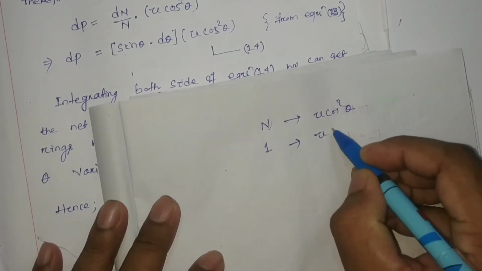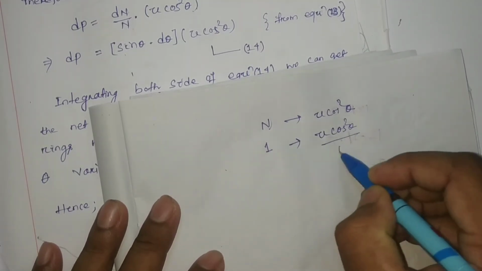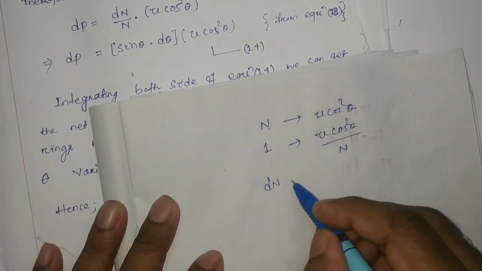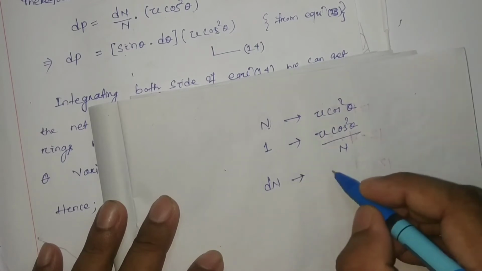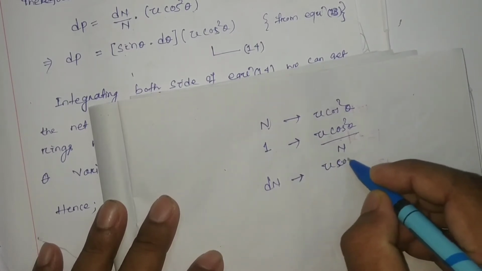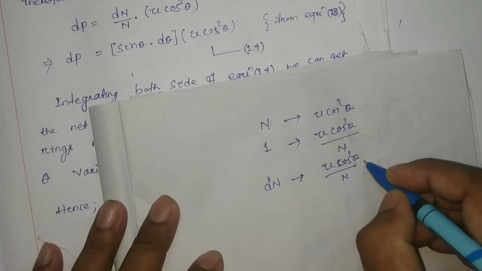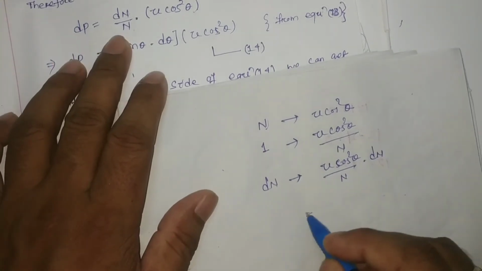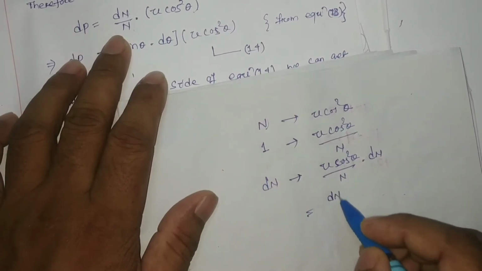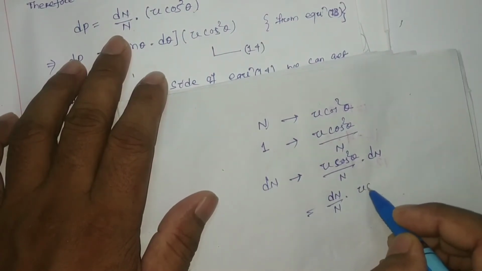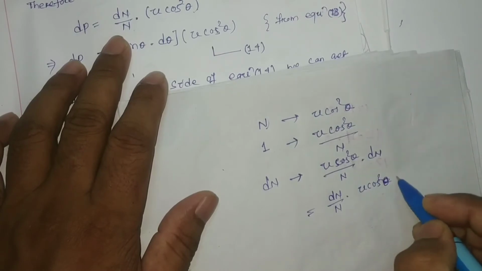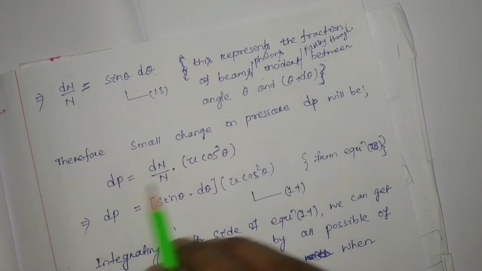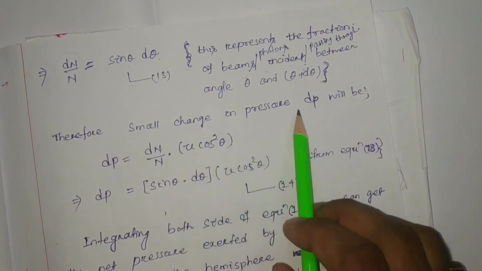It will be u cos square theta by n, right? For dn particles, what is the change of pressure? It will be u cos square theta by n into dn, right? So it can also be written as dn by n into u cos square theta.